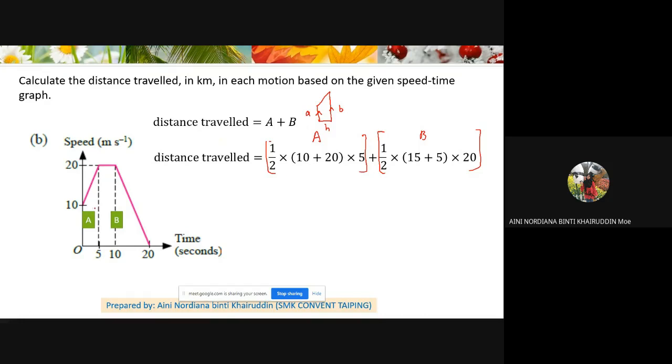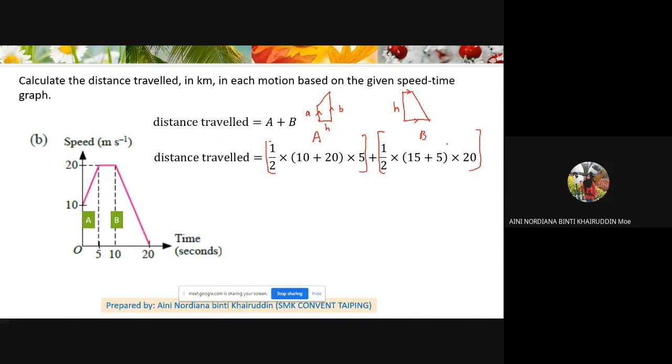But for B like this. So this is the A and B. And this becomes H. Okay. So yang ni, the value of A, B and the height tak semestinya kena guna X axis atau Y axis. It depend on the diagram.